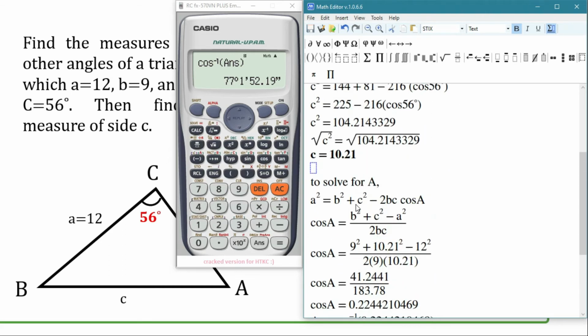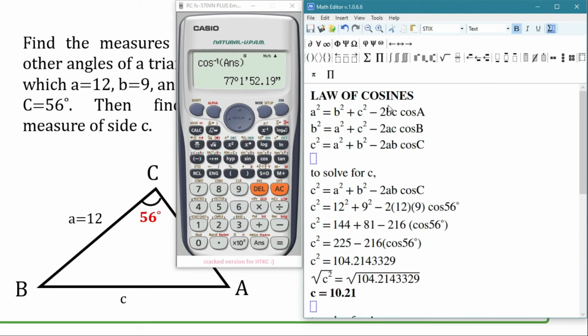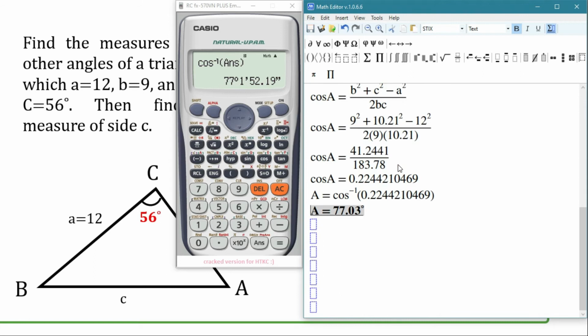Okay? Pwede naman natin gawin is for us to use the law of cosines pa rin. But then again, meron namang mas madaling paraan. If you would notice, we already have the measure of angle C here and angle A. And we all know that the sum of all the angles of any triangle is 180 degrees.